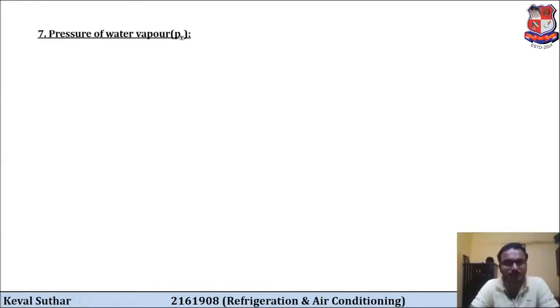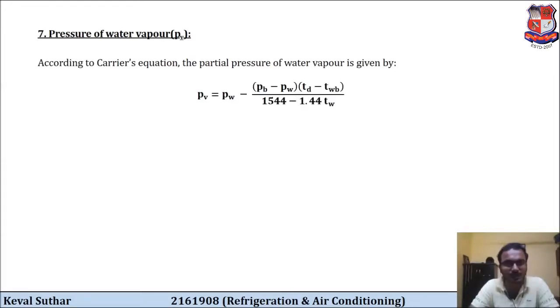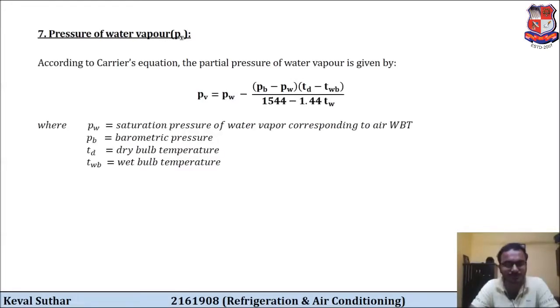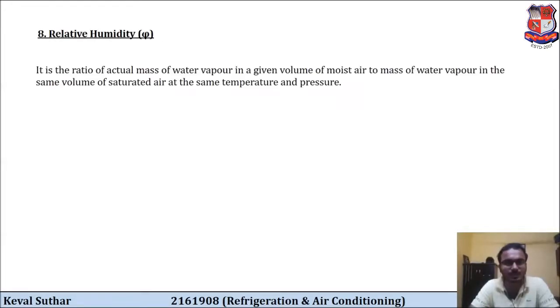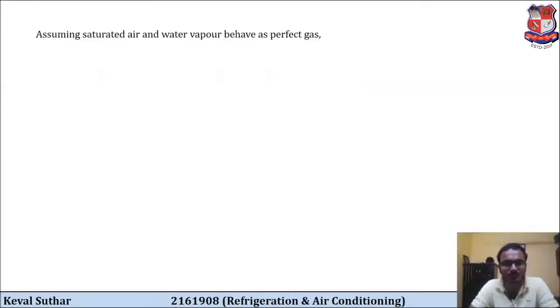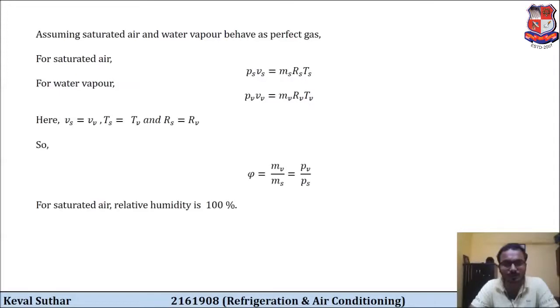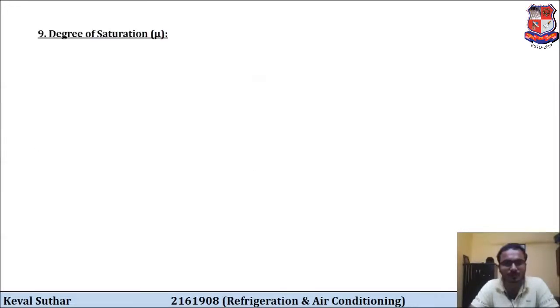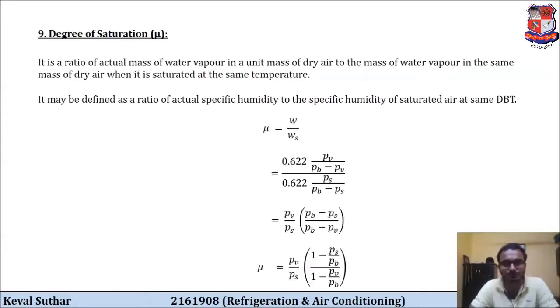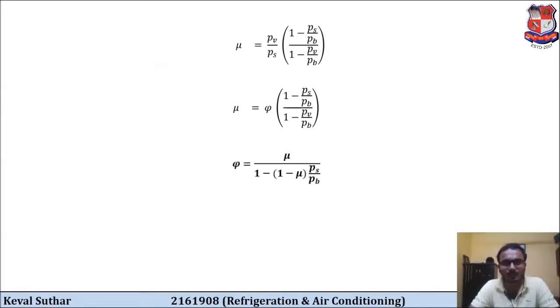So we begin with the pressure of water vapor, which is direct formula from Carrier's equation. Then we studied about relative humidity and we derived equation of relative humidity. Then we studied about degree of saturation and we also derived the formula for the same.